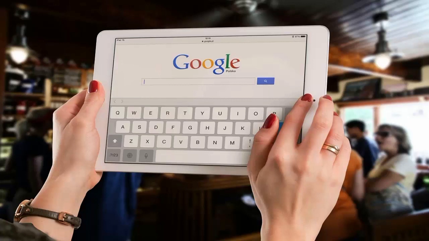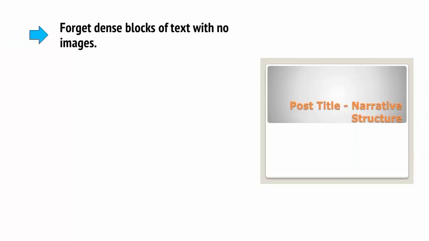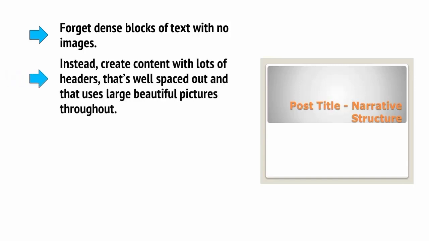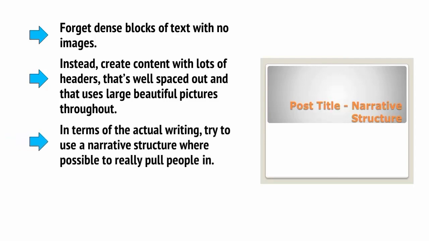Moreover, you need to ensure that content is presented in a way that encourages people to stick around. Forget dense blocks of text with no images. Instead, create content with lots of headers that's well spaced out and that uses large, beautiful pictures throughout. In terms of the actual writing, try to use a narrative structure where possible to really pull people in.